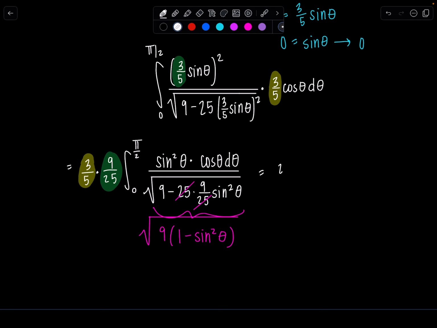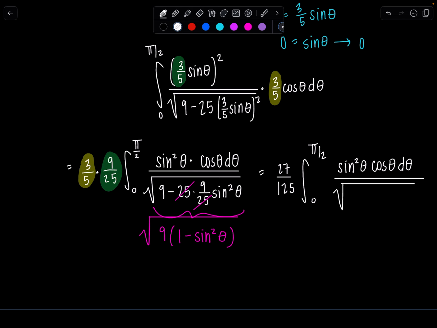So right now I have 27 over 125 outside, integral 0 to pi over 2, and then I have sine squared theta, cosine theta d theta, over square root, what does this become? 9 times cosine squared theta. So this 1 minus sine squared theta, I'm replacing with cosine squared theta.